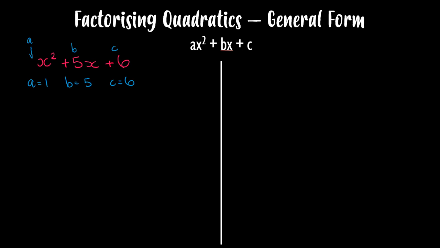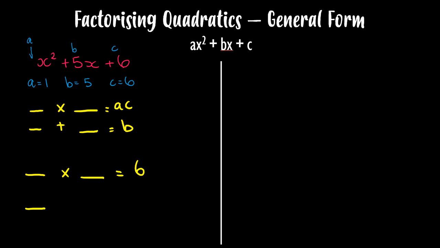Now, in order to solve, we need to find two numbers that multiply to give AC, and two numbers that add to give B. So in this case, we want two numbers that multiply to give A times C, which is 6, and two numbers which add to give B, which is 5.